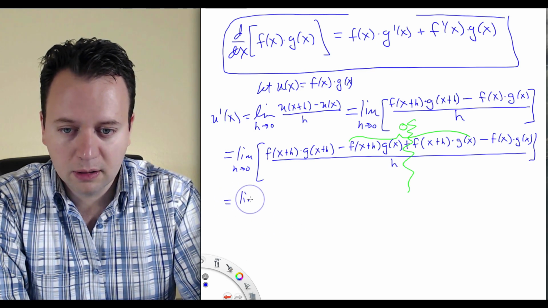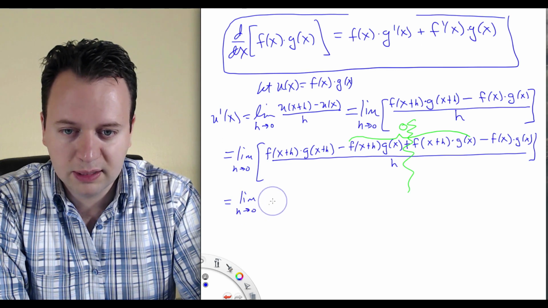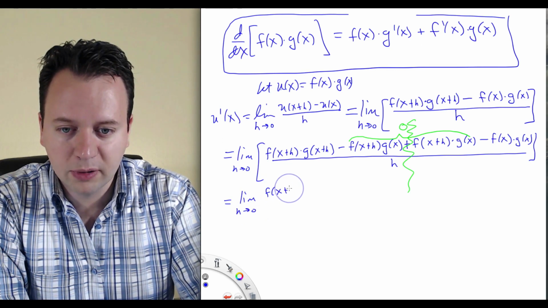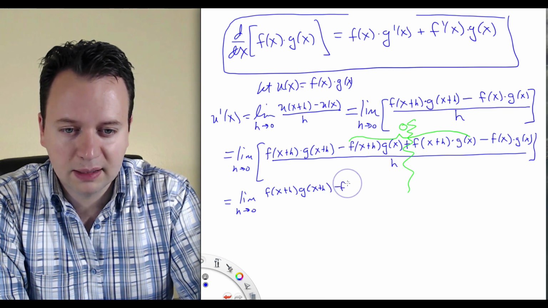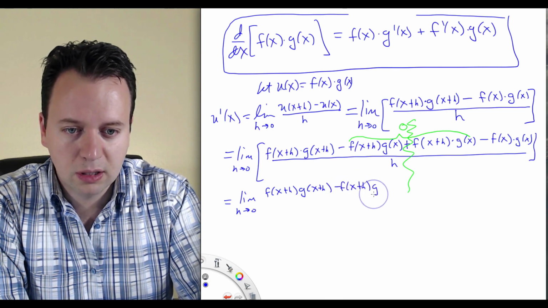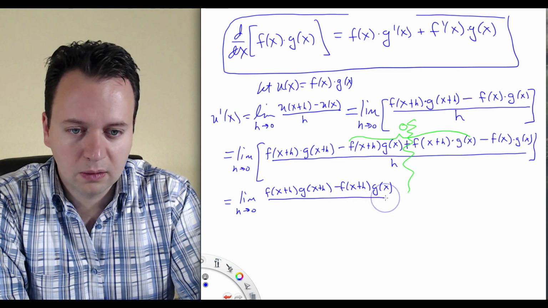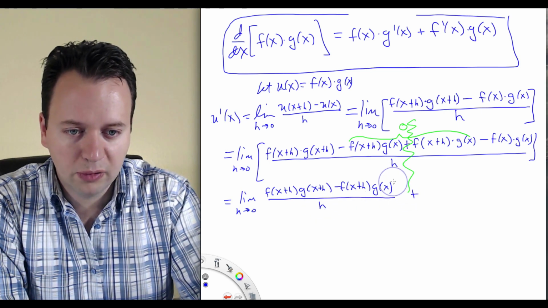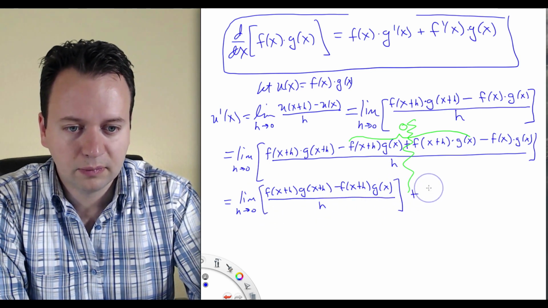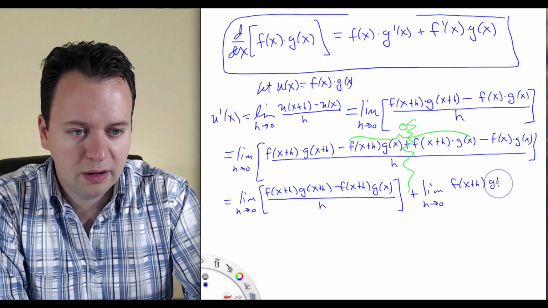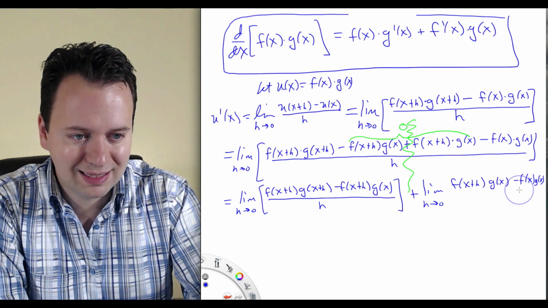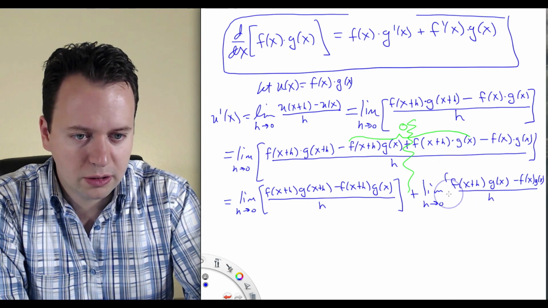So this will equal the limit as h goes to 0 of f of x plus h, g of x plus h, minus f of x plus h, g of x over h, and then plus the limit as h goes to 0 of f of x plus h, g of x, minus f of x g of x all over h, just like that.